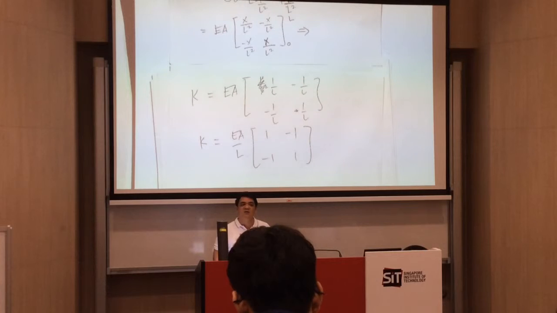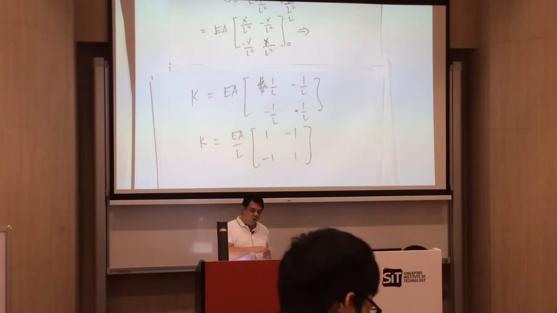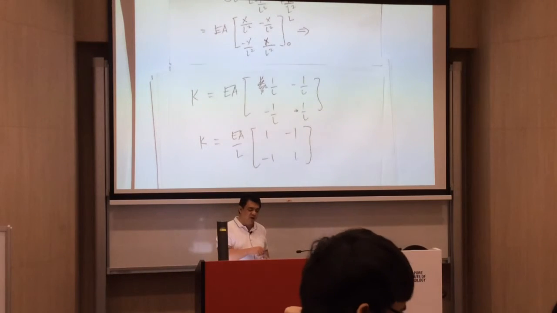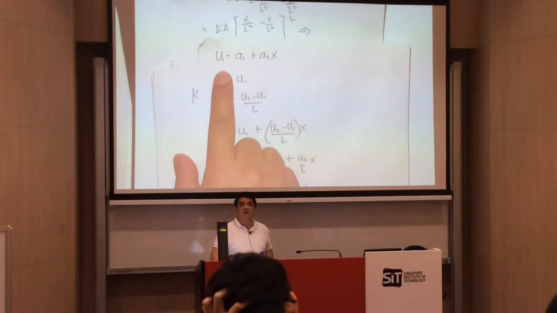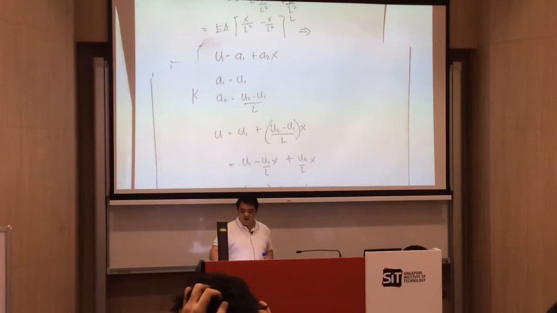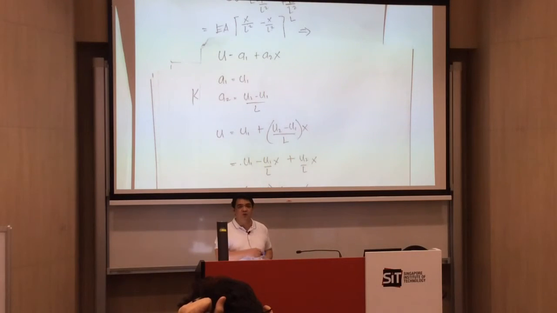So end of the day, you must have an assumed displacement function. At the moment, we just used a linear displacement function, given by this one here. So take note, we started with this assumption. Can this be quadratic? Yes, if you want to, it can be quadratic.